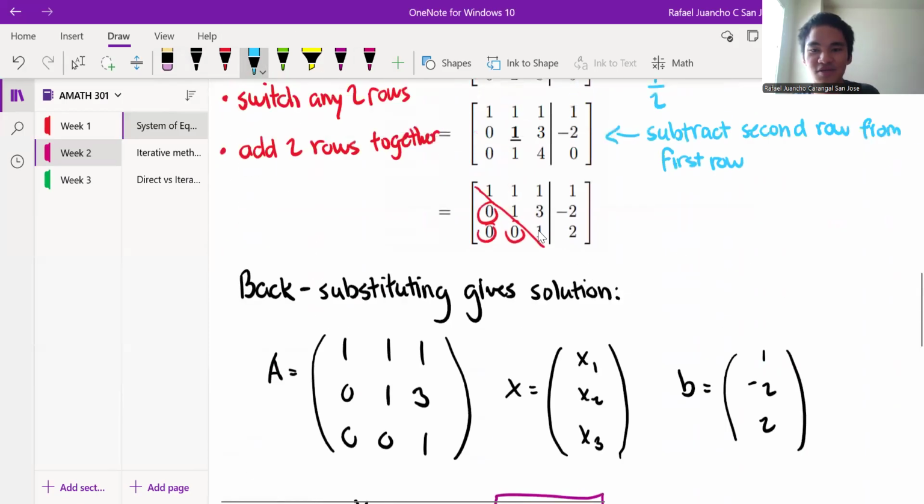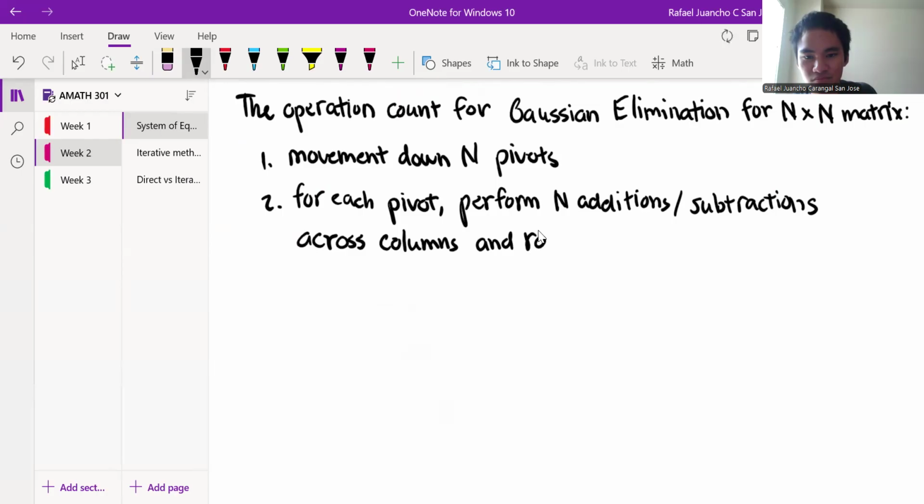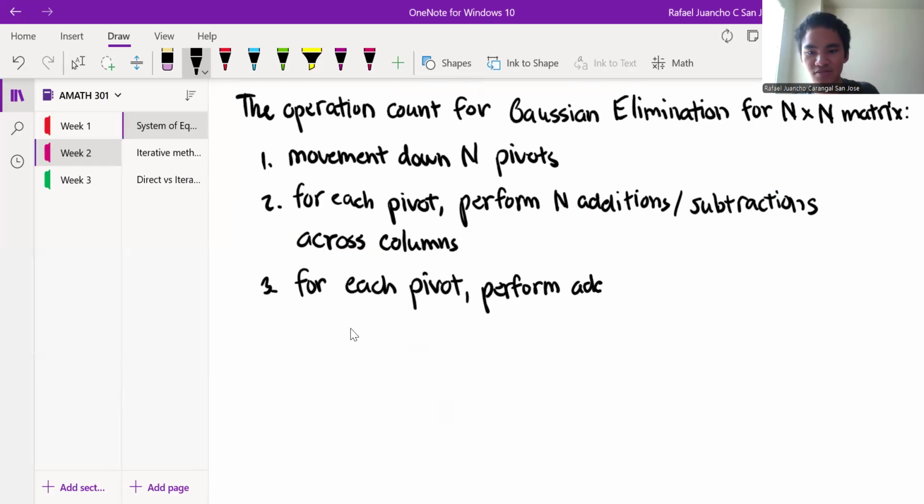And then our number of additions or subtractions is also 3 across columns. So our addition and subtraction, we can just combine it here, and rows. Our rows, we also did N additions or subtractions. The textbook wrote it differently, but again, for each pivot, we did addition and subtraction down the N rows.